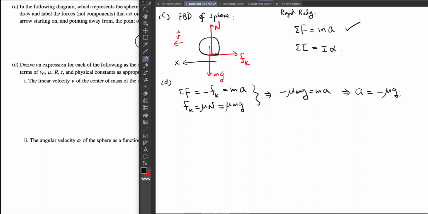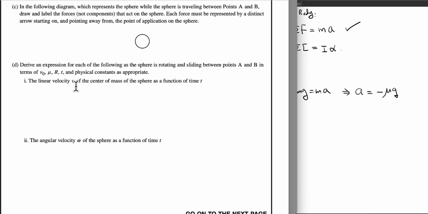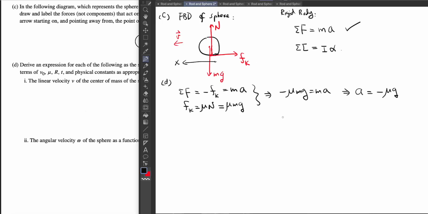Now let's relate this to the linear velocity at any instant. According to kinematics, v is v naught plus at. Now let's plug in a equals negative mu g, so v equals v naught minus mu g times t. That's the function of the linear velocity as a function of time. That's part one.